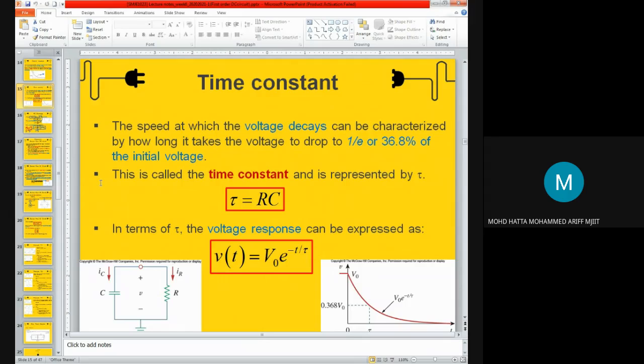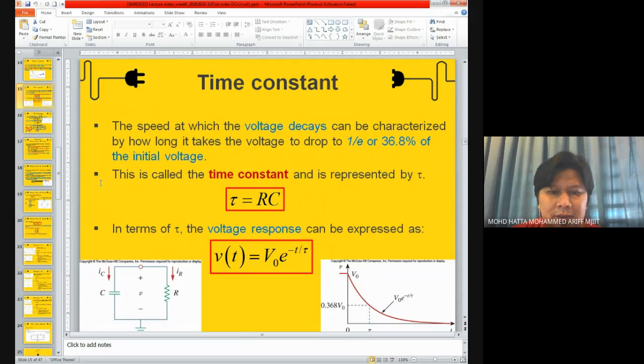And remember that if you have a combination of resistors in your circuit, then to come up with the voltage response, you need to simplify your circuit to become like this circuit arrangement, which means you're going to have two elements, C and R, connected in series.